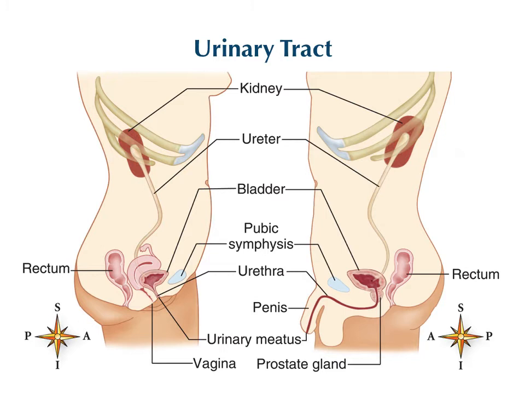Within the prostate, the urethra is joined by 2 ejaculatory ducts. After leaving the prostate, the urethra extends down, forward, and then up to enter the base of the penis. Here, it travels through the center of the penis and ends as a urinary meatus at the tip of the penis.